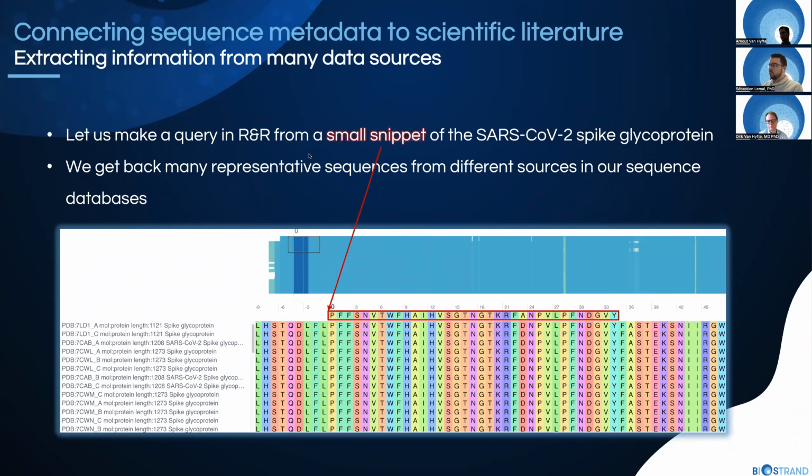If we copy-paste the snip into Retrieve and Relate, we find a lot of sequences that are similar to this one, a lot of representative sequences from different databases. What we see in this small example is that we got back mostly PDB sequences that have a PDB model associated to them. Some of these PDB sequences have different annotations.